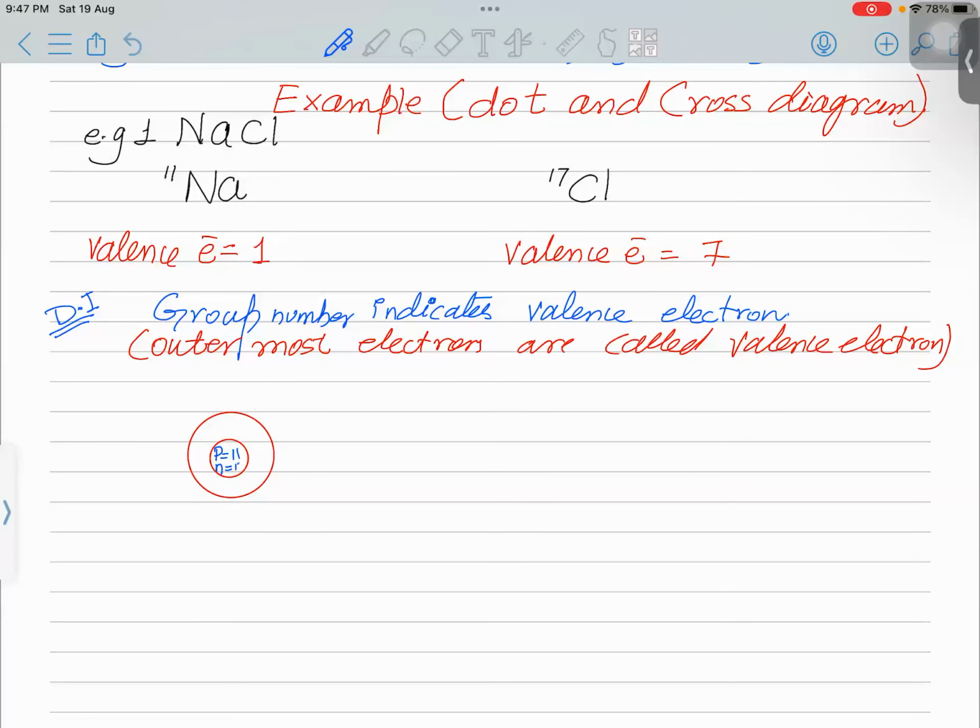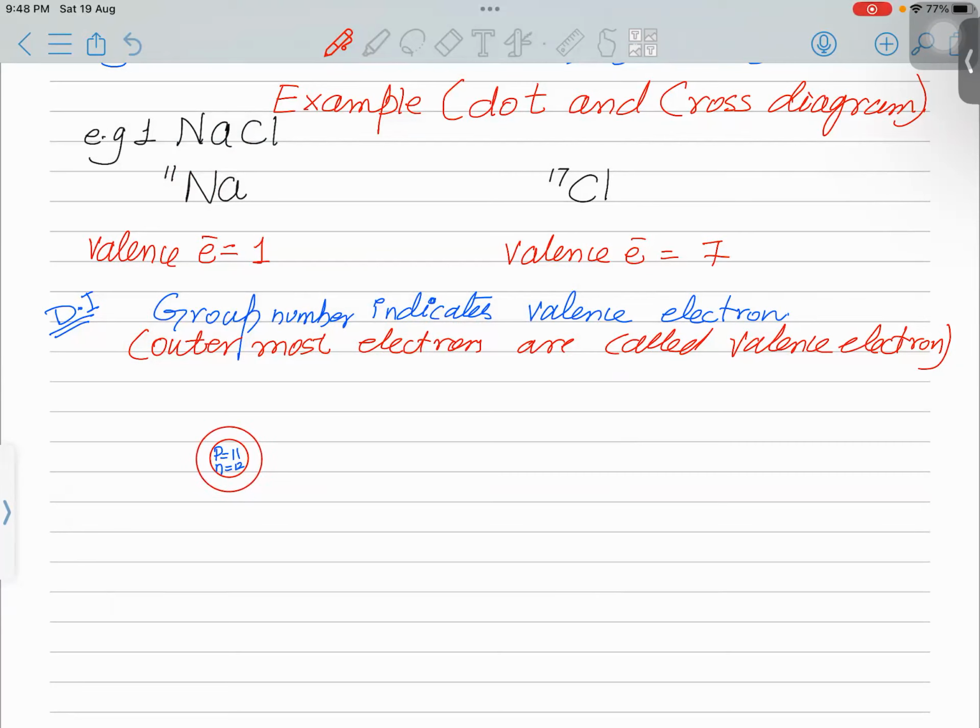Neutron is 12. So we have 1 electron. In the valence shell, we have 1 electron. So I am going to form the complete diagram, right?